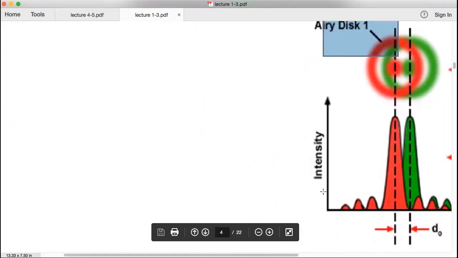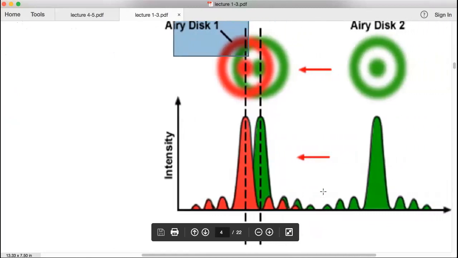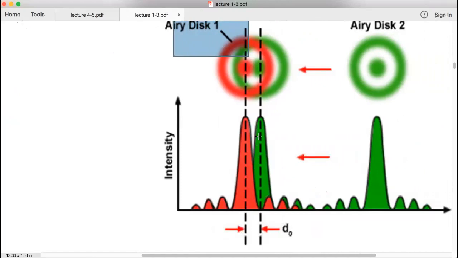Let me get a more clear picture for you right here. If you just trace this path, you will see that the first minima of this green diffraction pattern will coincide with the maxima of the other diffraction pattern.